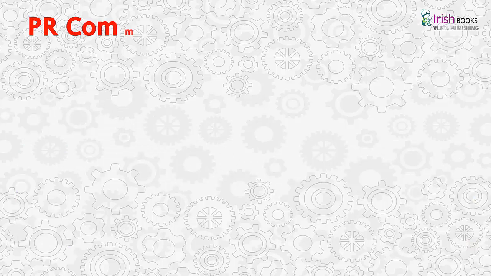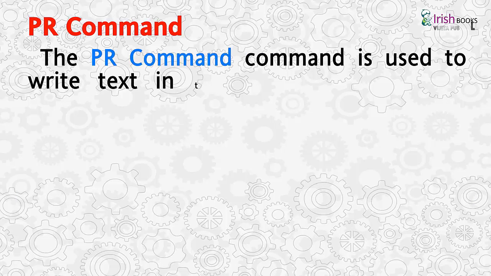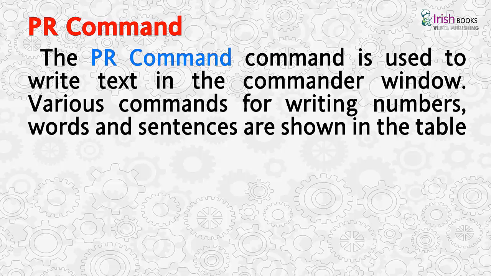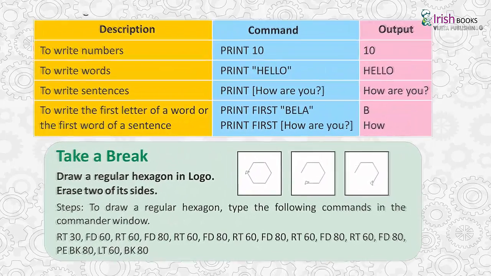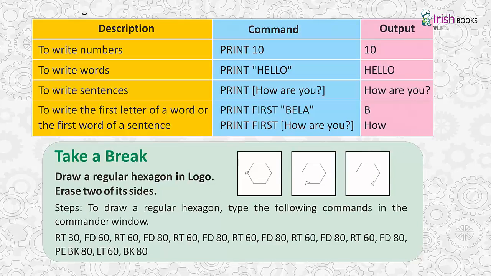PR command. The print PR command is used to write text in the commander window. Various commands for writing numbers, words and sentences are shown in the table given below. Description, command, output.